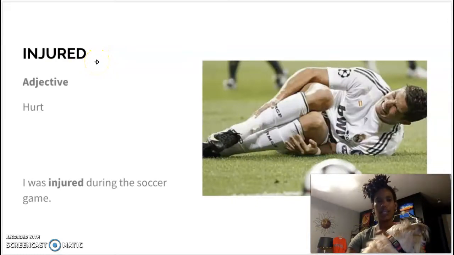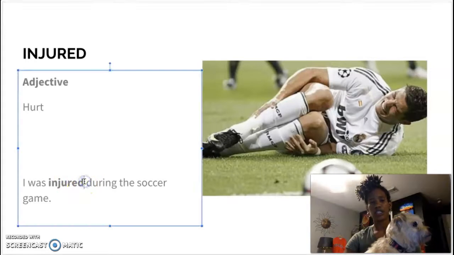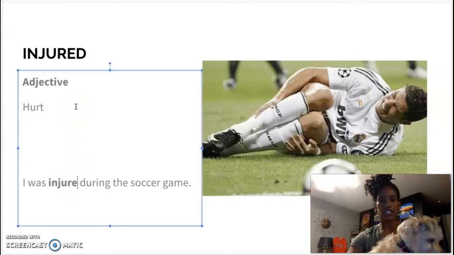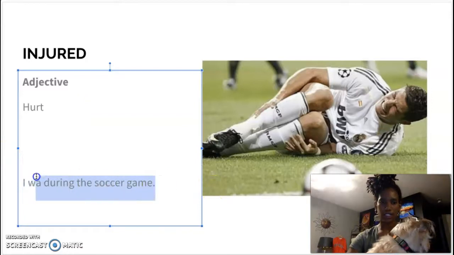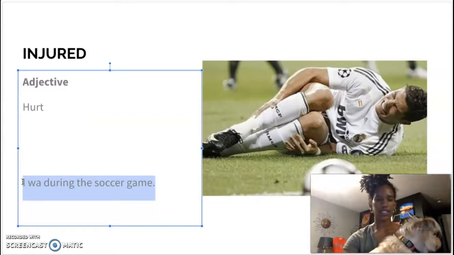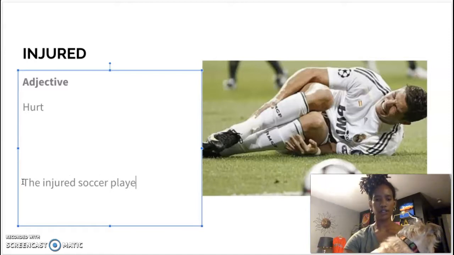Next word, repeat after me. Injured. Injured. Oh, you know what? We need to change this. If injured is an adjective, we need to change our sentence. So we can say, the injured soccer player is in pain.